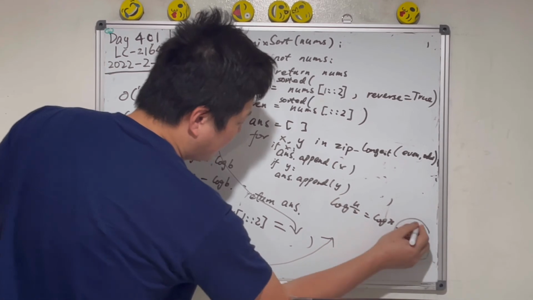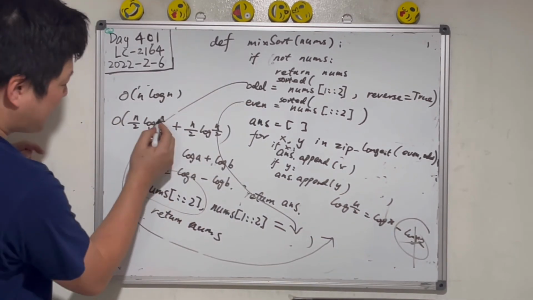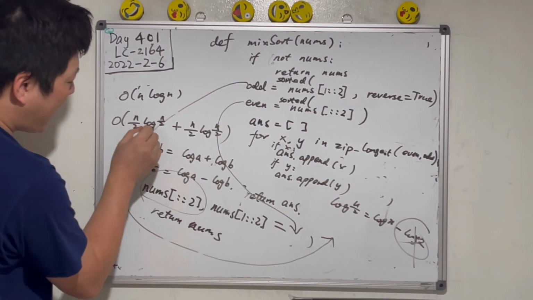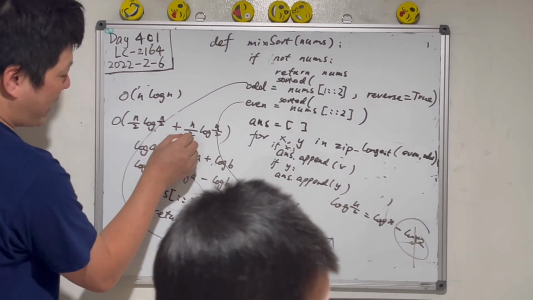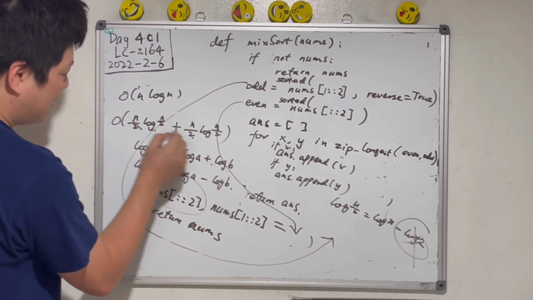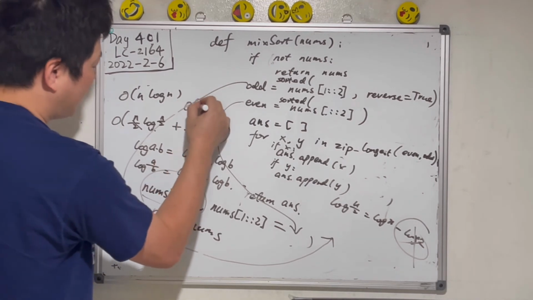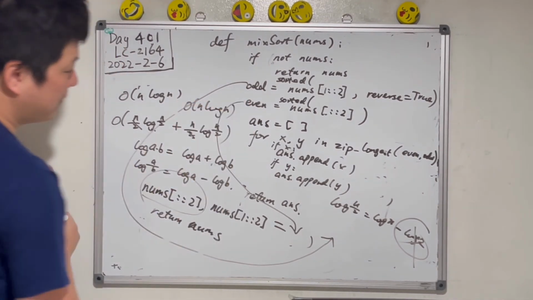This is a constant, so we drop it. It's actually log n. So log n plus log n, half, is still O(n log n).